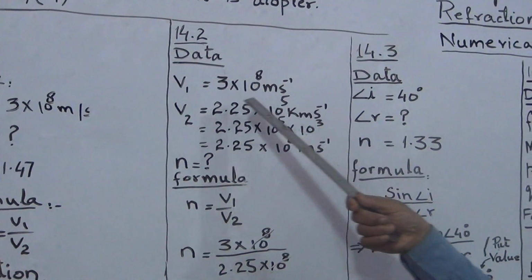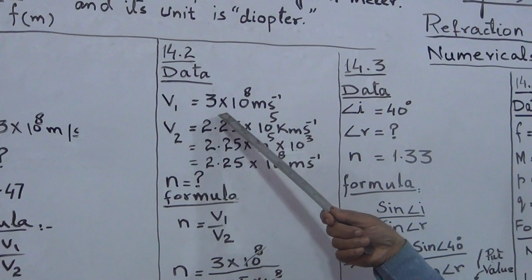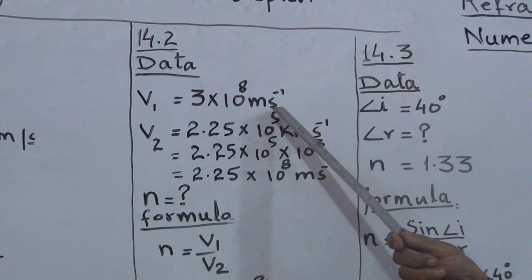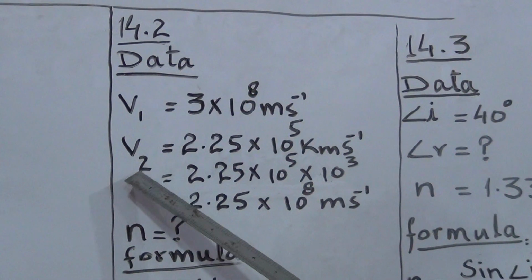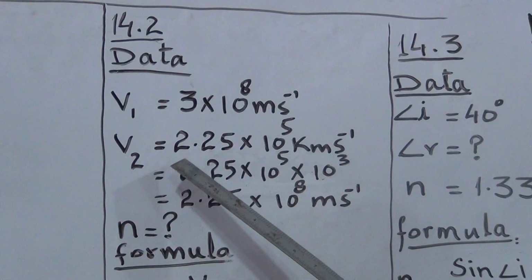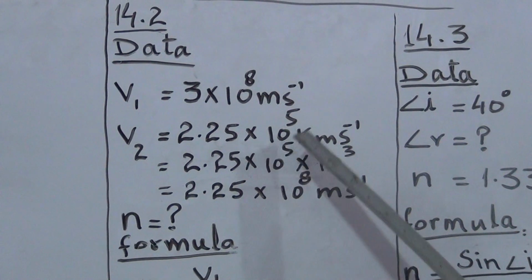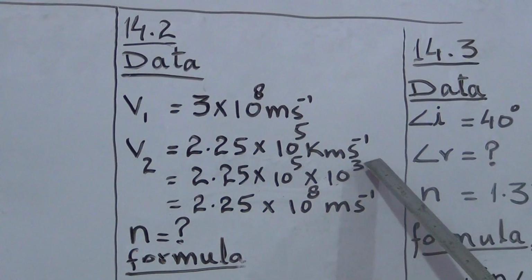Next, numerical number 14.2. V1 is the same, that is constant, velocity of light in air, 3 into 10 raised to 8 meter per second. V2 is the velocity of light in water, 2.25 into 10 raised to 5 kilometer per second.